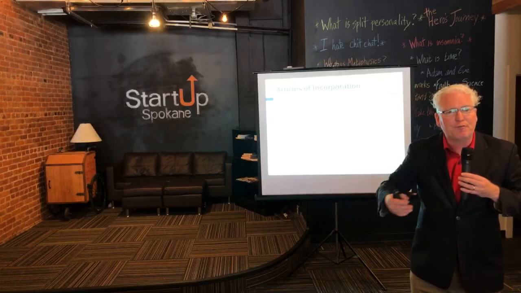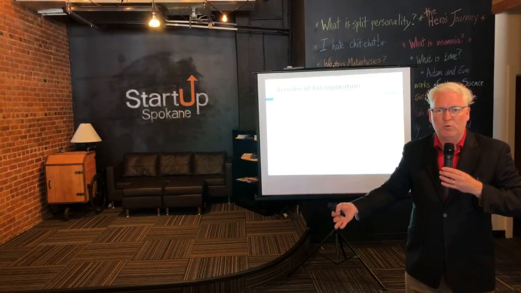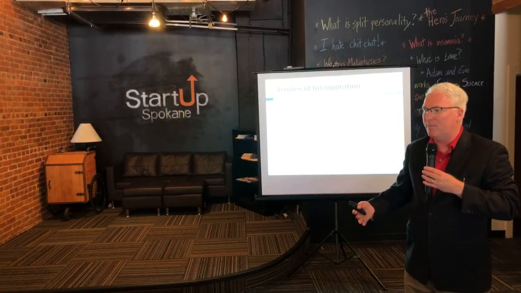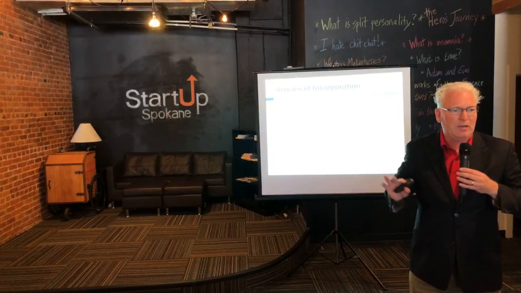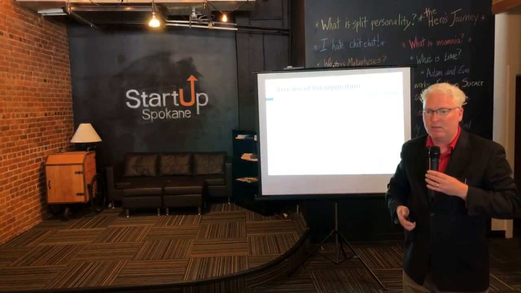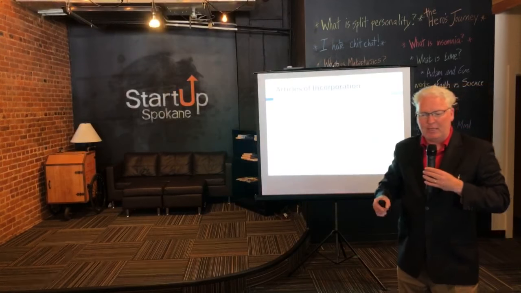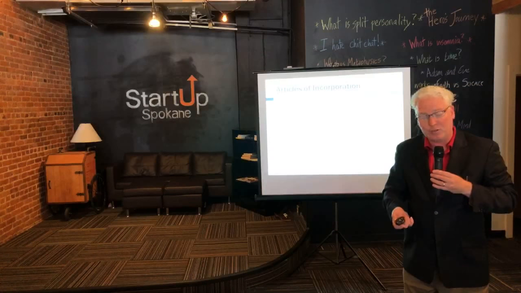Then you file those new articles with the Secretary of State, and those become the amended and restated articles of the company, and that's available for the public to request from the Secretary of State. That's how you create additional stock for preferred stock issuance.